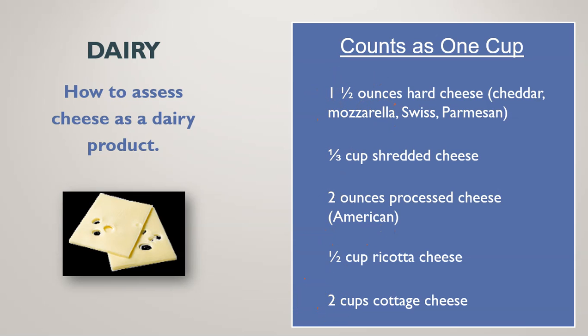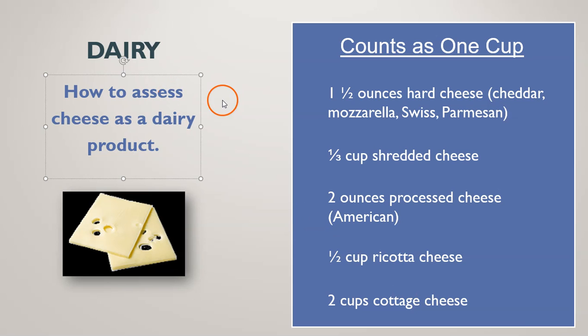This actually counts as 1 cup in the dairy category. 1/3 cup of shredded cheese. That counts as 1 cup. So yeah, this is a little confusing. 1/2 cup of ricotta cheese counts as 1 cup. 2 cups of cottage cheese counts as 1 cup.